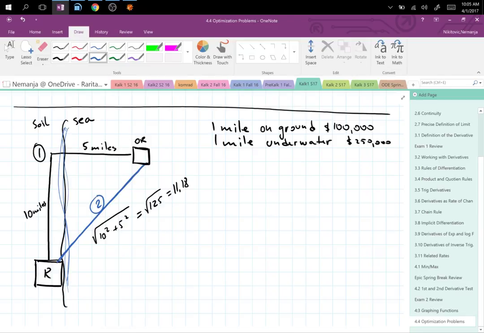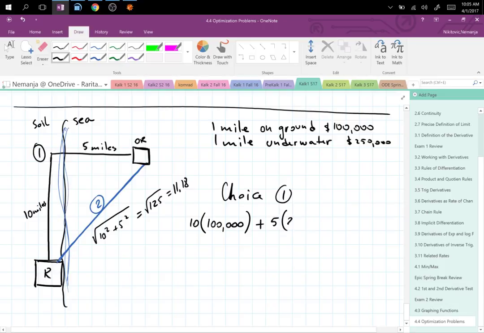Okay, so let's calculate the cost for choice 1, the black line. I have 10 miles at 100,000 per mile, so that's 1 million, plus 5 miles at 250,000, which is 1.25 million.